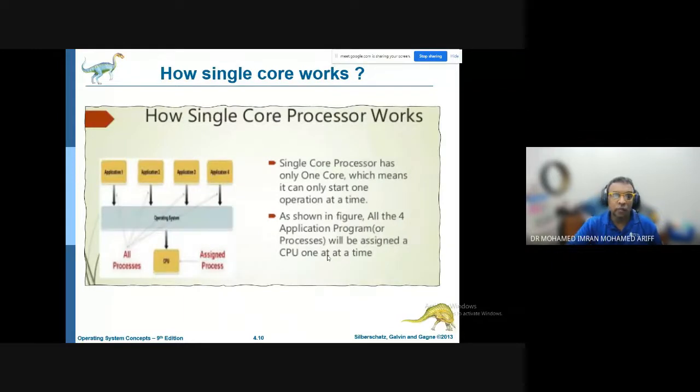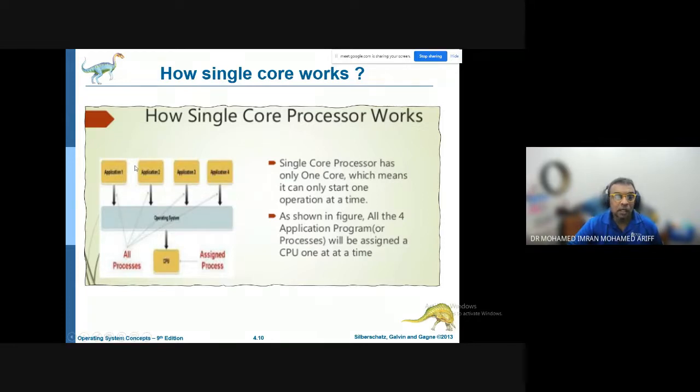If you're running with a single core, it only has one core, which means it can only start one operation at a time. So these are your applications or your processes, and this is the CPU. When application 1 or process 1 runs, 2, 3, and 4 cannot execute.